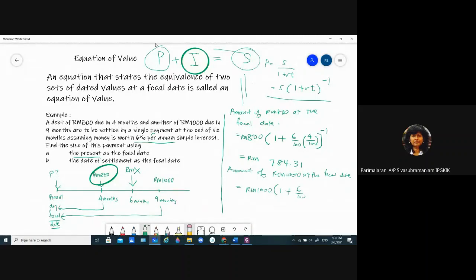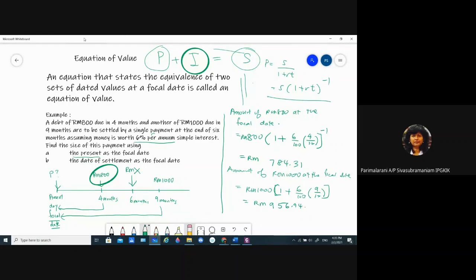Now how much is T? How many months from the present date? 9 months, right? So it's 9 over 12. So this is 956 ringgit and 94 cents.